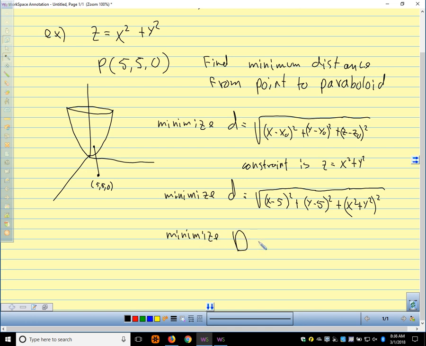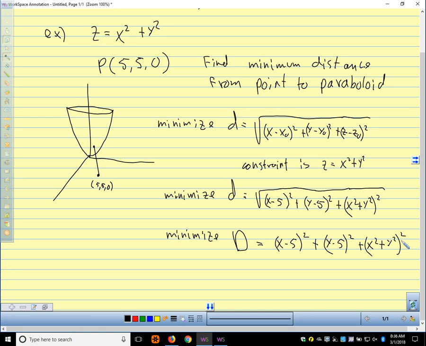I'm going to call it d equals (x minus 5) squared plus (y minus 5) squared plus (x squared plus y squared) squared. So we're minimizing the square of the distance, and that's going to minimize the distance also.